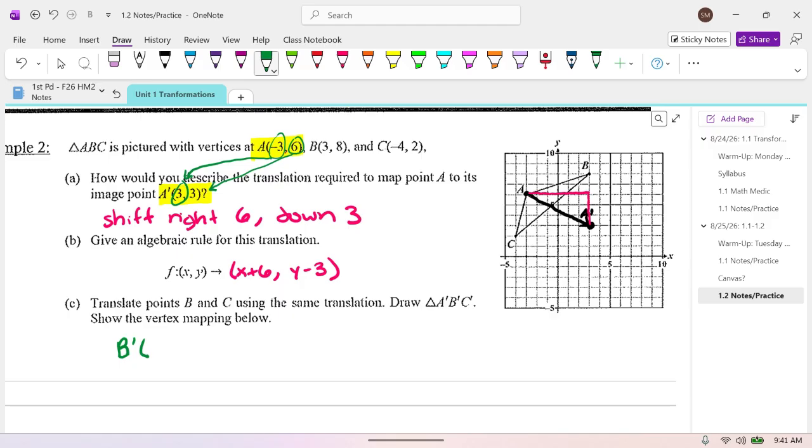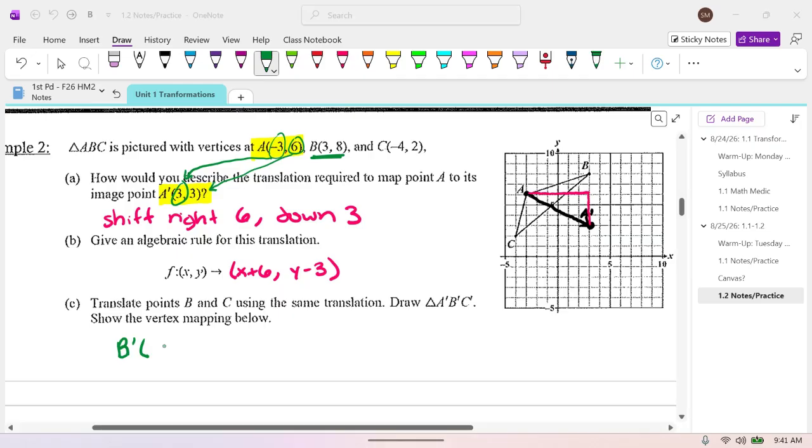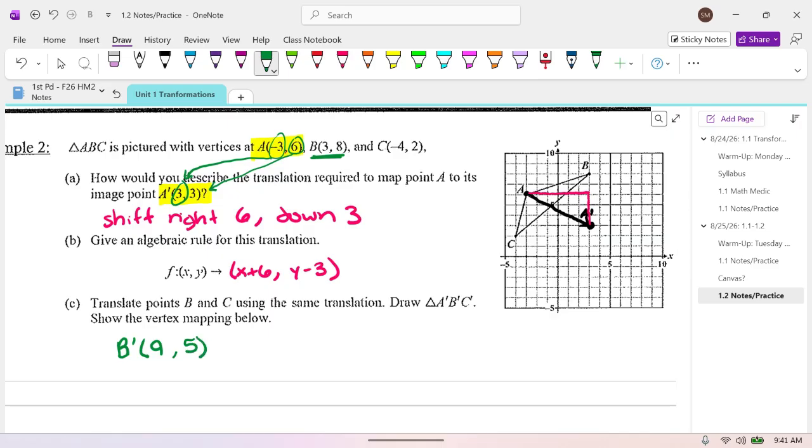You don't really have to use the graph. So B is (3, 8). What's B prime? Yes. (9, 5). Good. 3 plus 6 is 9. 8 minus 3 is 5. So B prime is (9, 5). So right here.